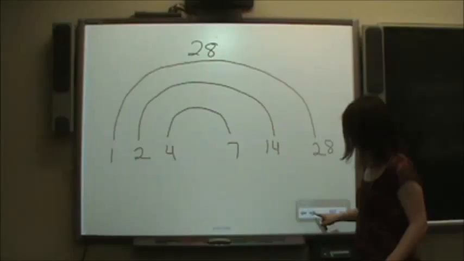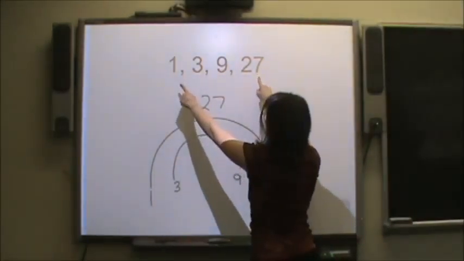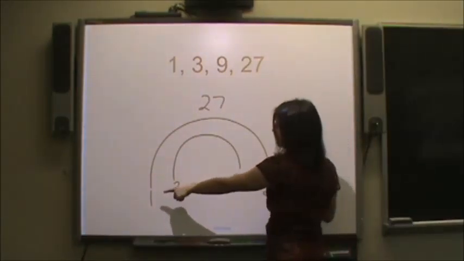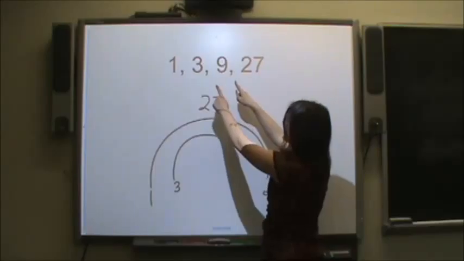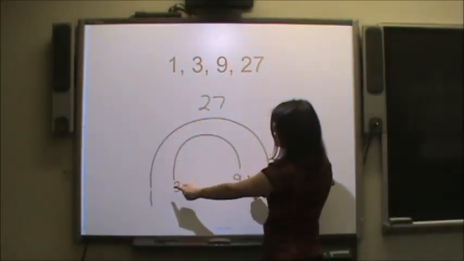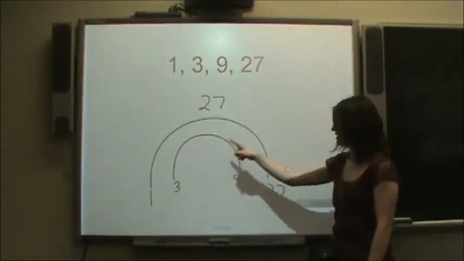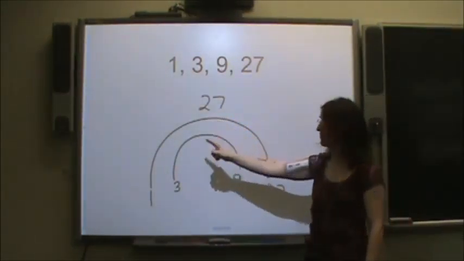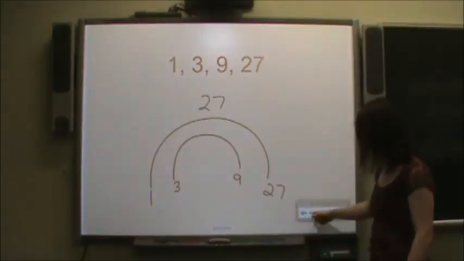So, if I look at this, my first and my last numbers are going to be the first and last number on my rainbow, so it's going to be the outer loop. And then these 2 numbers and the next one's in, so they're going to be in the next loop. Then I looked at 1 times 27 is 27. 3 times 9 also equals 27, so that's correct.